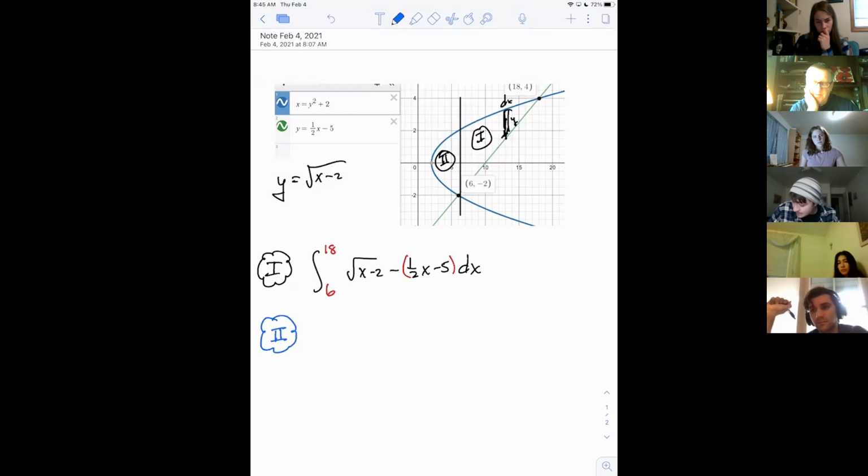Does it make sense that you're in a different world there? I guess that's what I want to understand. Do you see how if you went blue to green over here, then what you're going to get is rectangles that are either going to go right here. That's blue. Isn't that blue minus green?